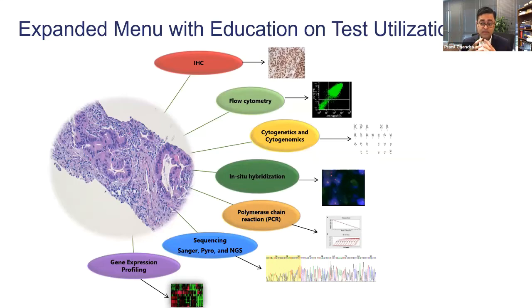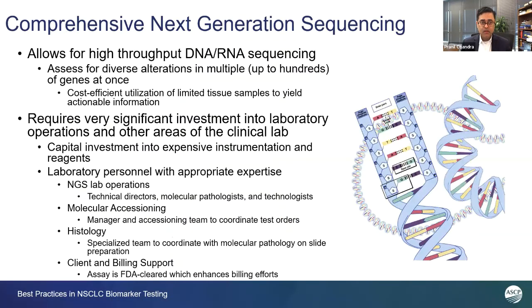So again, it starts with education, and I'll show you how it also ends with education. But we have a very significant effort in educating our physicians, our AP managers, our lab operations leadership on appropriate test utilization and developing test protocols that are specific for the clinical as well as the histopathologic context.